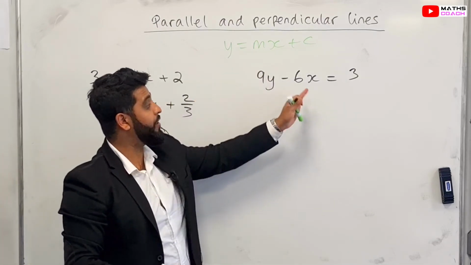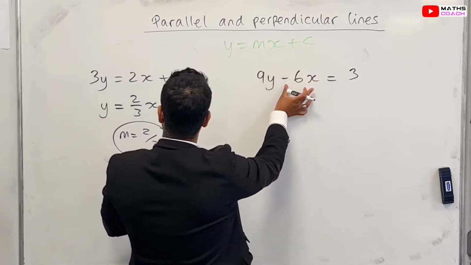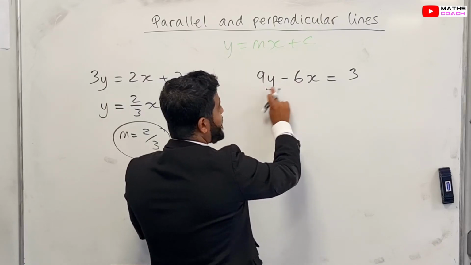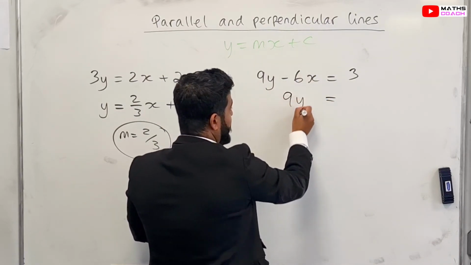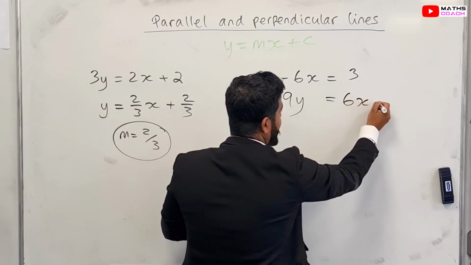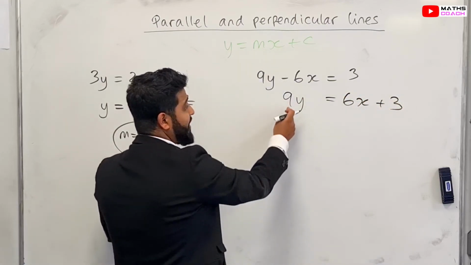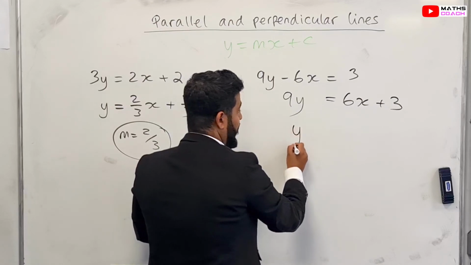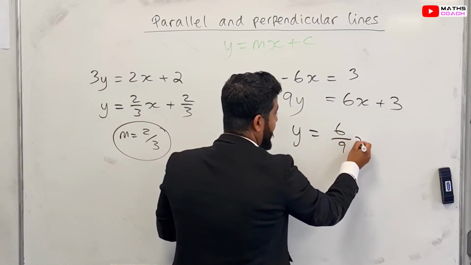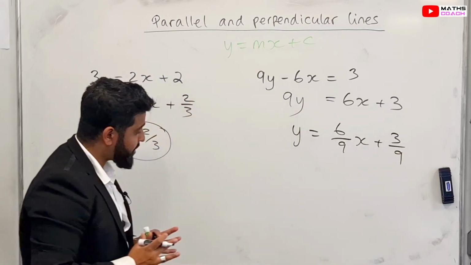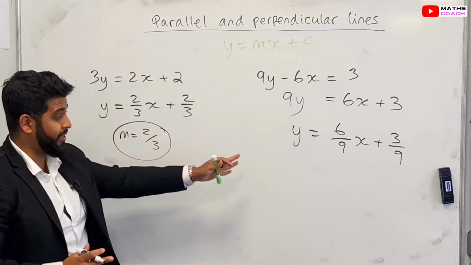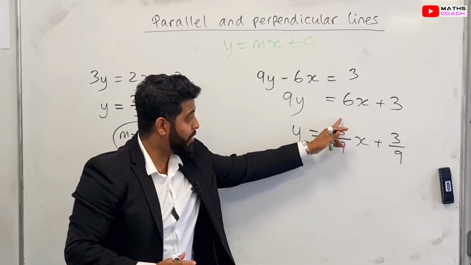Now we are going to rearrange this one. It's slightly more complex than the other one because we've got two things on one side here. So we're going to take the minus 6 over to this side, and we get 9y is equal to 6x plus 3. What's left is to divide by our 9. So y would be equal to 6 over 9x plus 3 over 9. Now, on first glance, it appears as though the gradients are not the same. But if you look closely, you will need to simplify.